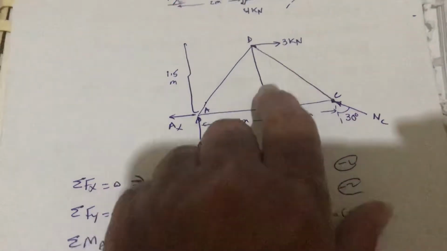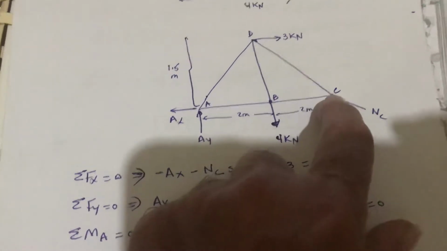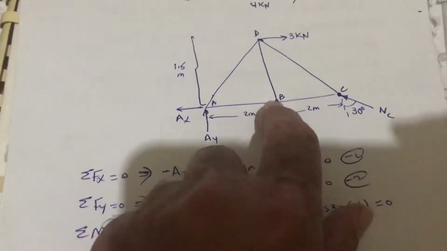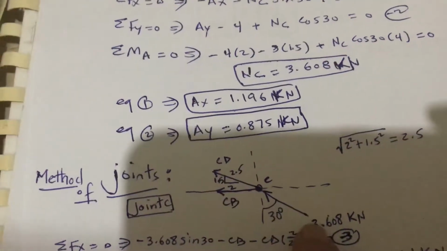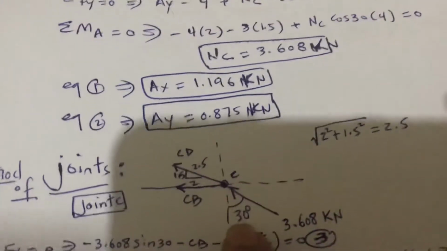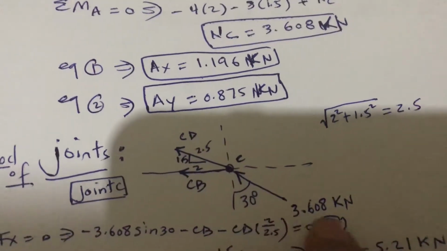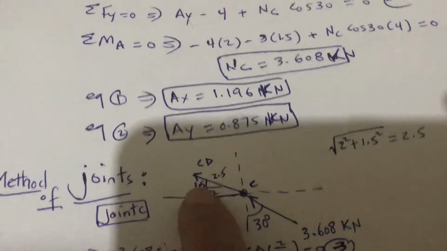Remember, CD has the dimensions and the angle for the CD is 2 in the X and 1.5 in the Y. So we'll make this joint C. There's this normal reaction. Of course, the angle is 30 degrees. Remember the 30 degrees? NC, 30 degrees with the Y. This is 3.608. And of course, CD, remember 2, 1.5.